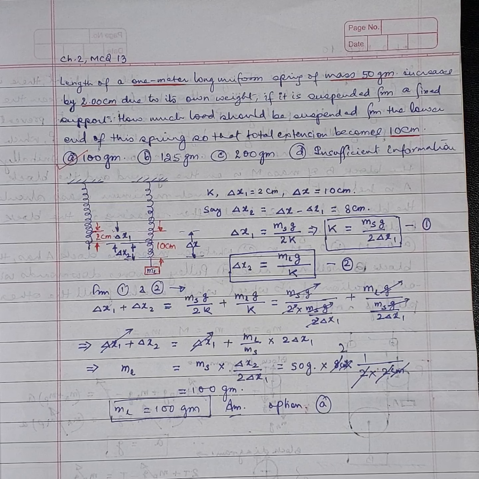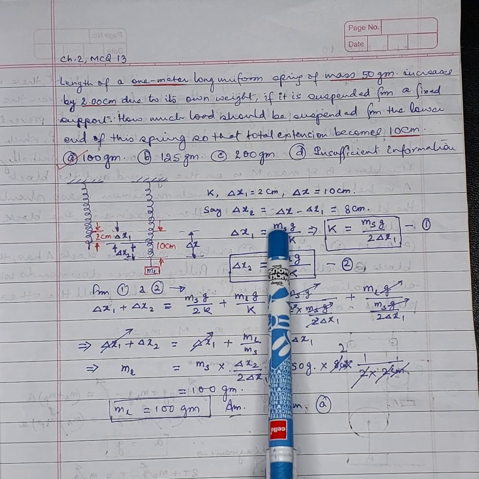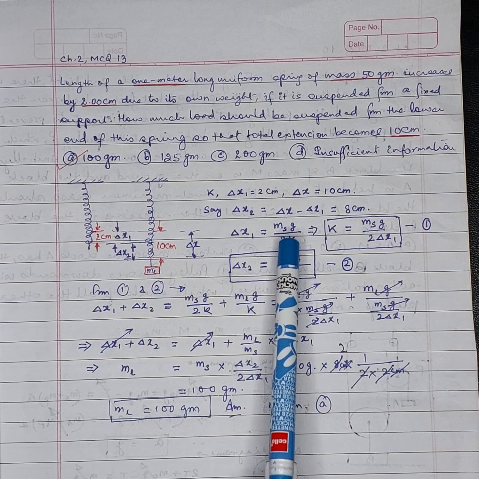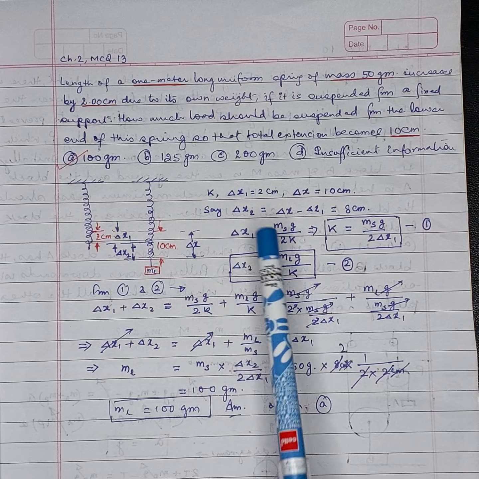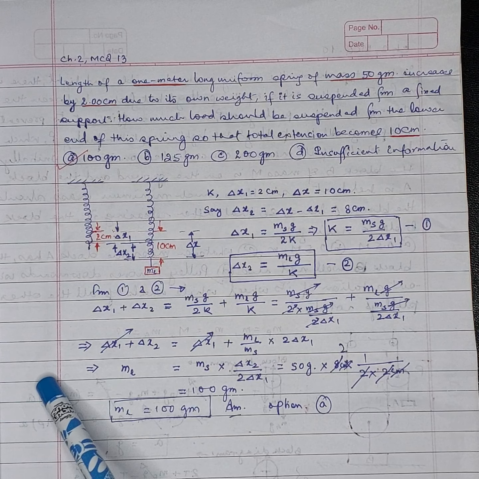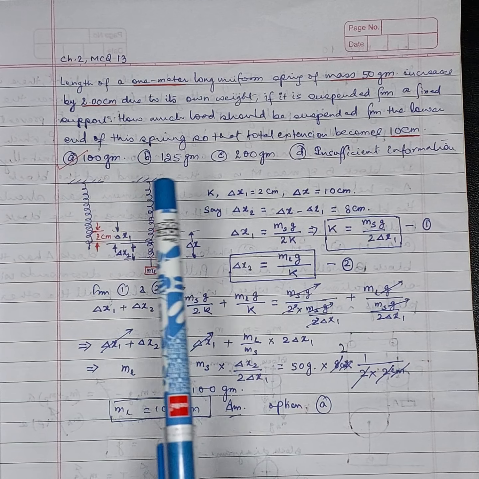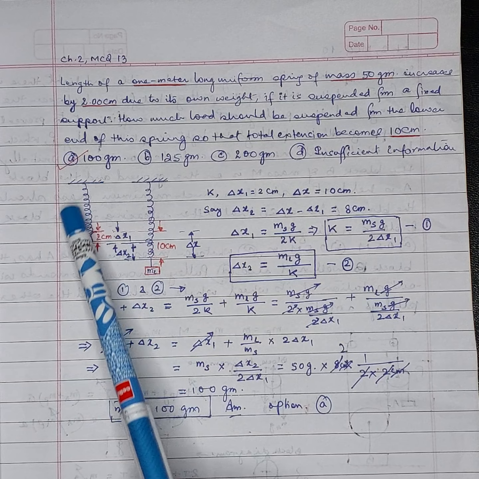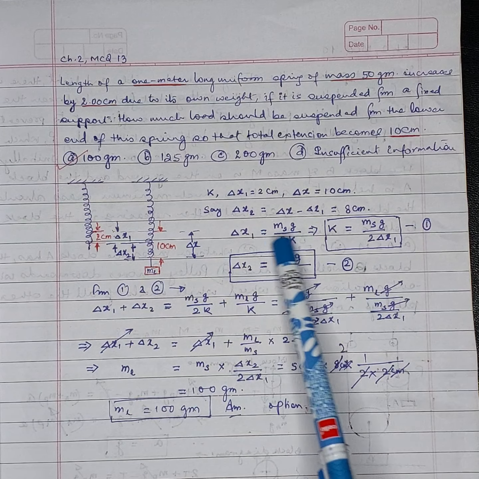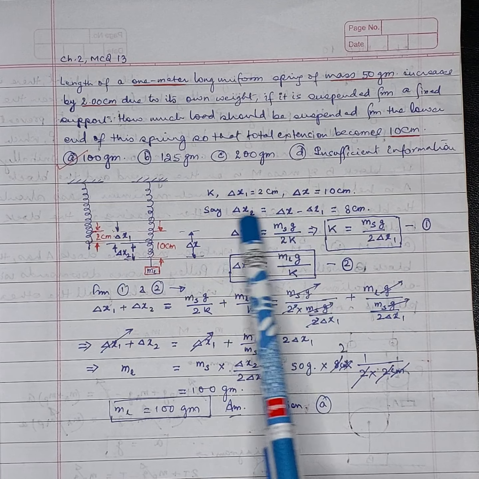Hopefully you understood the concept. This one is important to know: any spring, if it has a mass and is hung from a ceiling, the extension in the spring because of its own weight is the weight of the spring divided by 2 times its stiffness, that is spring constant.